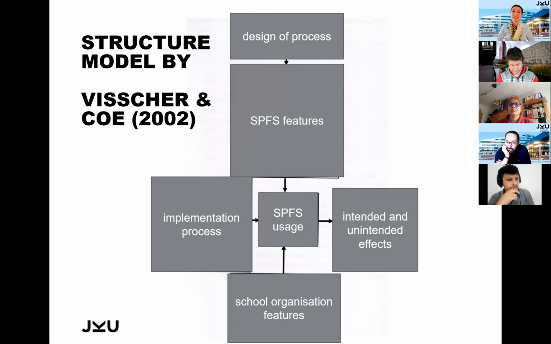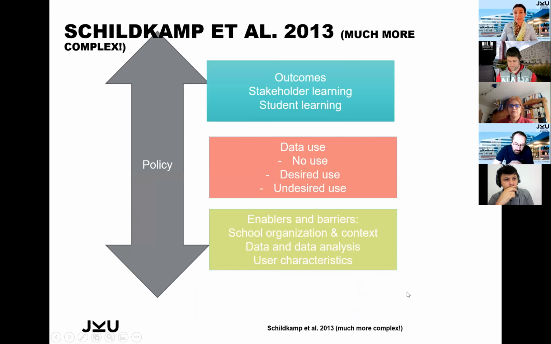And then I just picked out some of my favorite models that explain a bit of what's going on, from Visscher and Coe. So you have in the middle the usage of data, school performance feedback systems, and you have the design process, the features, how it's implemented, then of course the school organization features, how it's used, and then some intended and unintended effects.